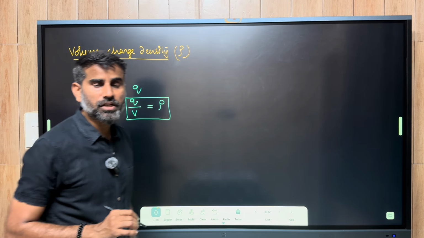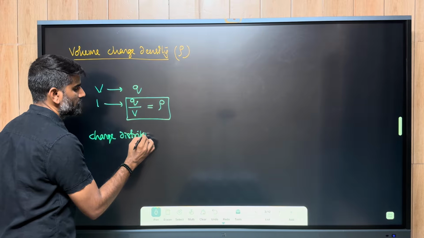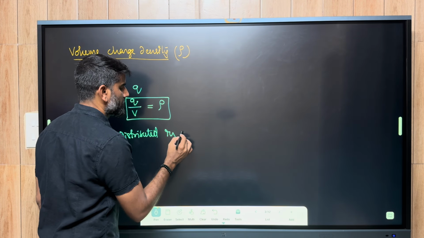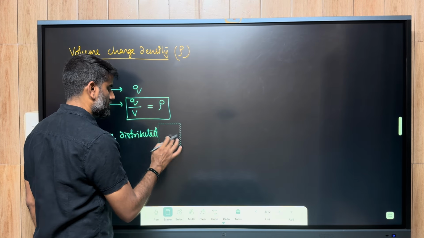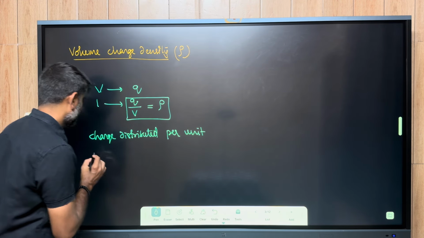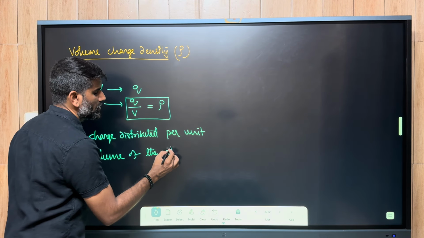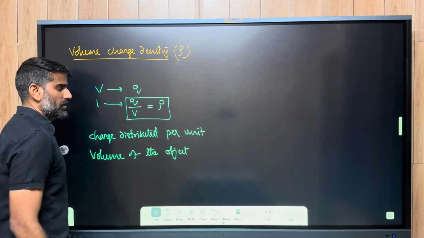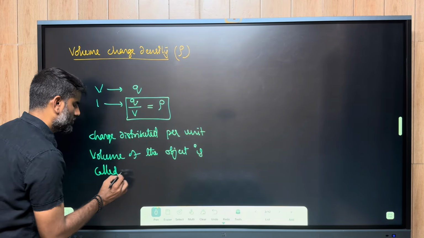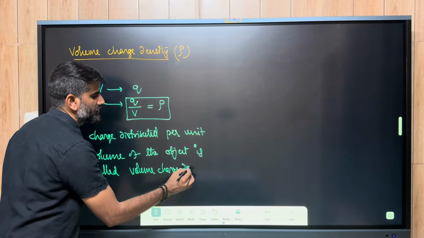Charge distributed per unit volume of the object is called volume charge density.